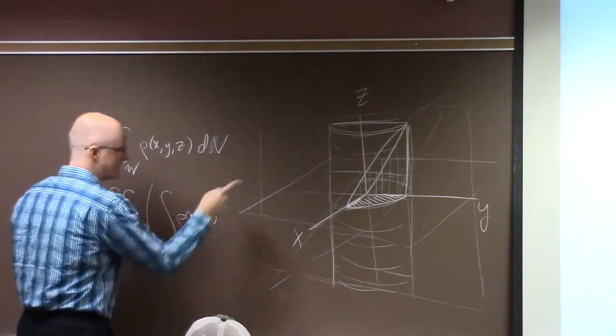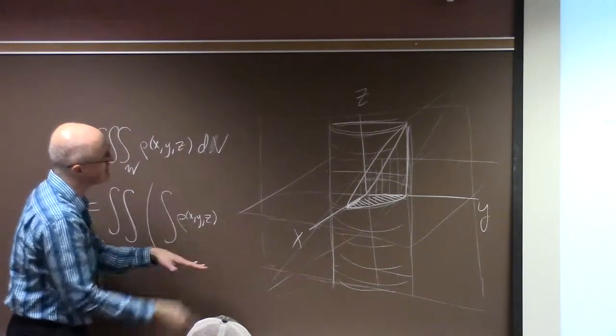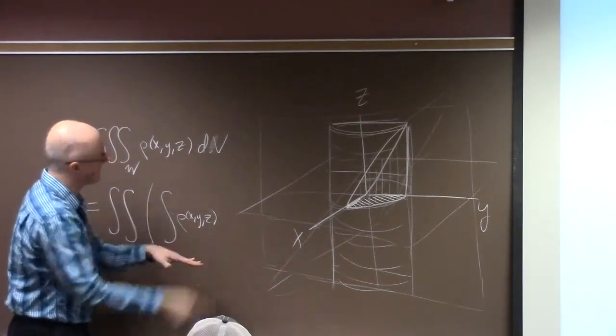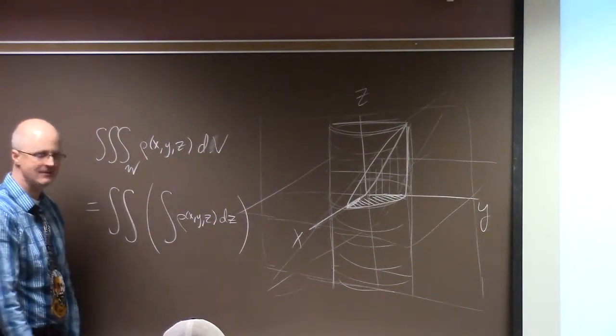With respect to, in this case, since I'm projecting down into the xy plane, thinking of it as vertically simple, I want z to be the inner integral. So I do the inner integral with respect to z.